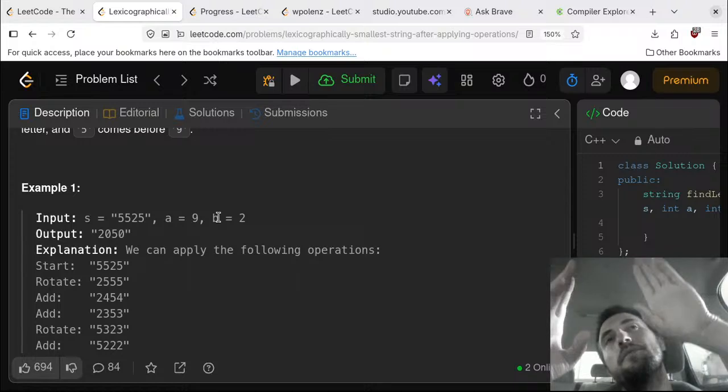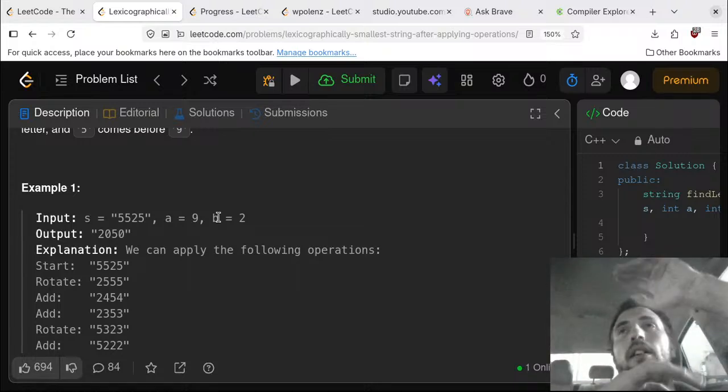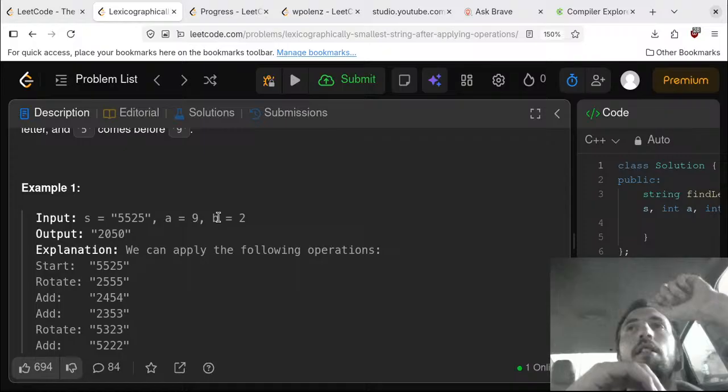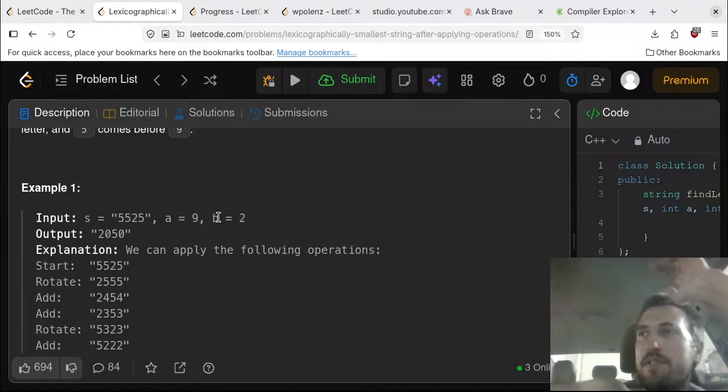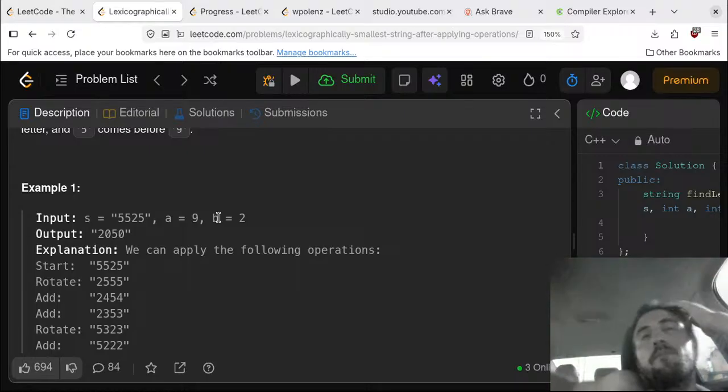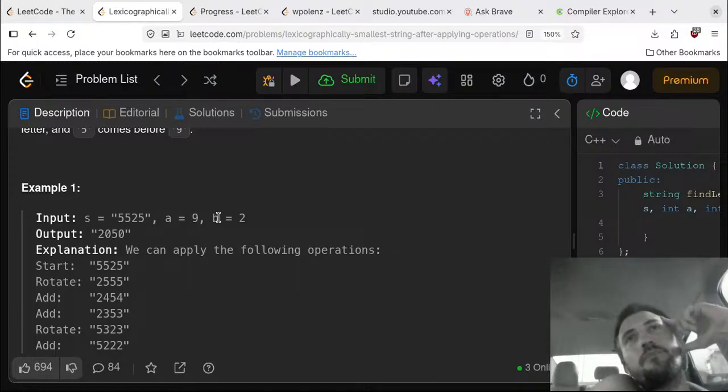So you can compare the current best with what you're looking at the moment. It's kind of like a prefix type comparison. Makes me think of a Z function.